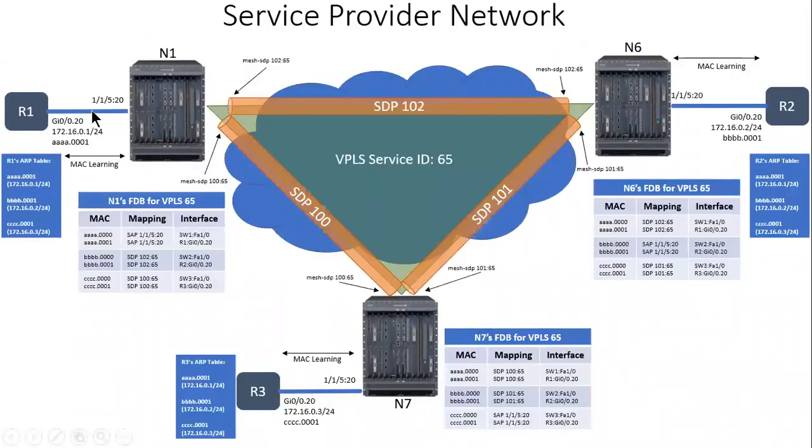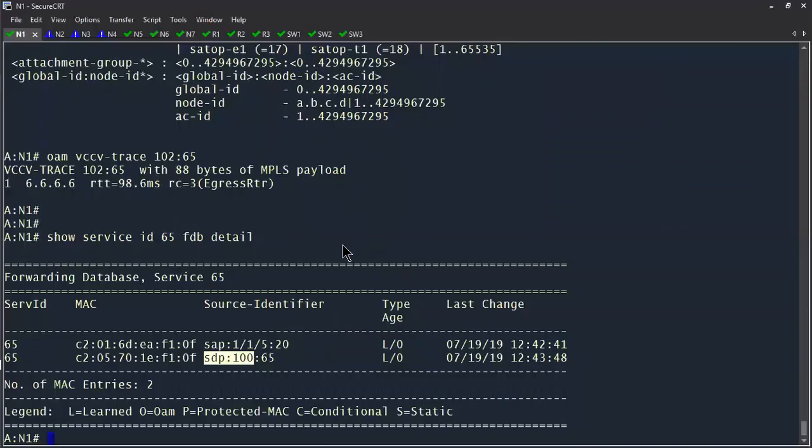So we're learning the MAC address, and again, there are switches between the CPEs and provider edges, but we're learning the MAC address for our switch between R1 and N1 through our SAP 115:20. We're also learning the MAC address for our switch between R3 and N7 through SDP 100, or specifically through our pseudo wire, SDP 100:65.